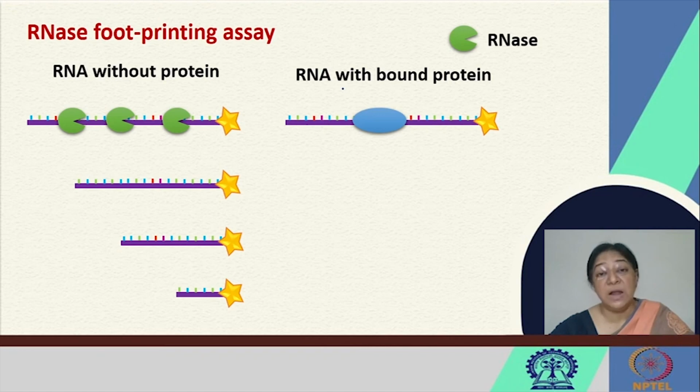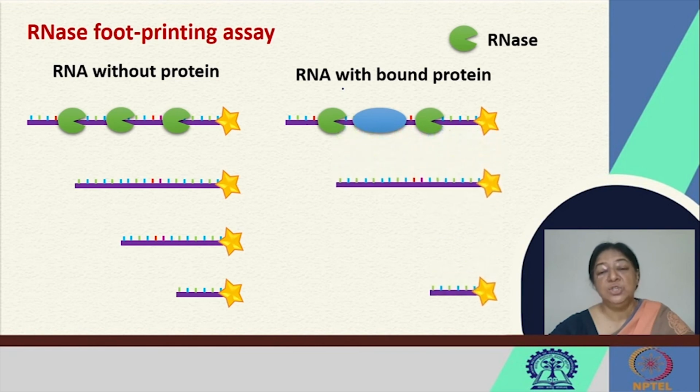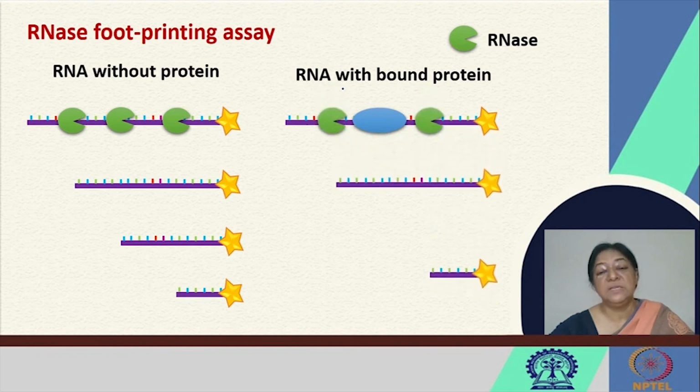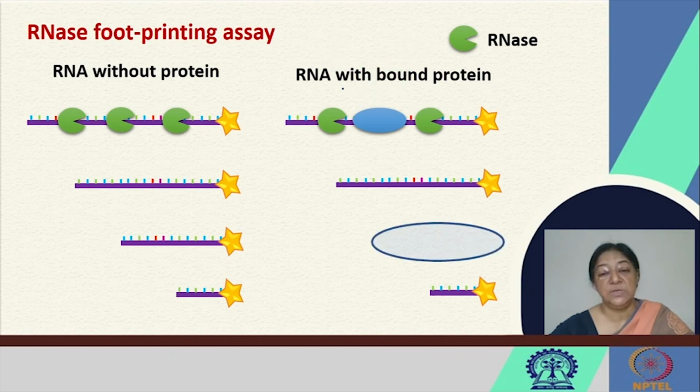But once the RNA is bound with the protein, the specific site will not be able to be cleaved. So we will miss a specific fragment. What we see is that we have the cleavage at these points, but no cleavage possible at this point because the RNA has the bound protein to it.